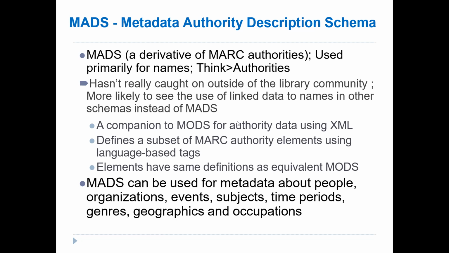Again, you may just instead use whatever name element appears in your metadata schema, and then maybe you're just going to use linked data instead, and link out to Wikidata or VIAF or some other source.